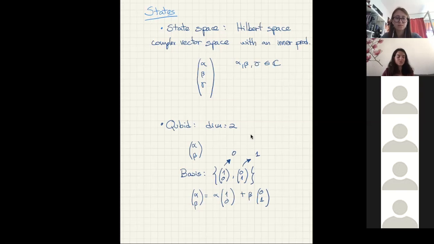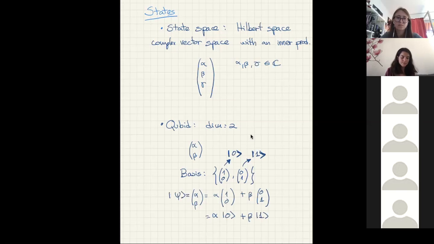And to make sure that they are not just numbers, we'll put something around them. This is what is called Dirac notation. I'll go into more detail later. And this is what we call a ket. Okay. And it just means it's a column vector. So we represent this state as alpha 0 plus beta 1. Okay. And this is the state, for example.